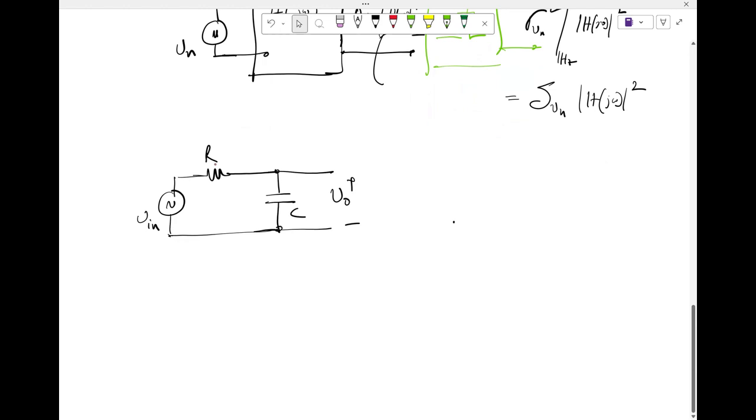What is the first step? But V in is not a noise source. V in is signal. Right. So first line of business is to find out whether there is a noise source.